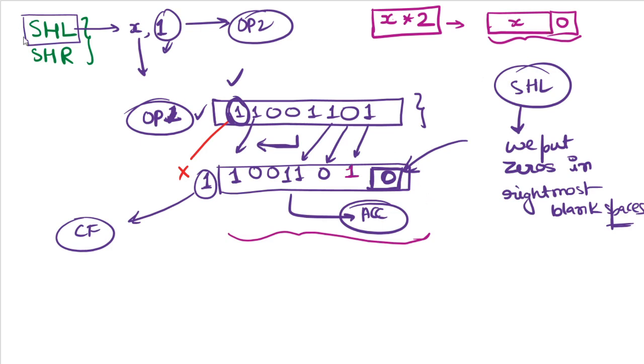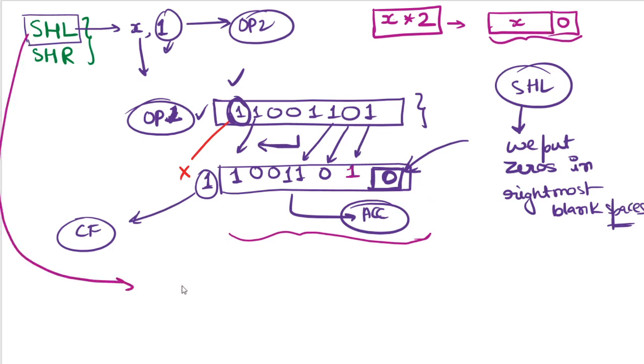Shift left is basically used to implement the operation x into 2 to the power of operand 2. Now this x is actually operand 1.